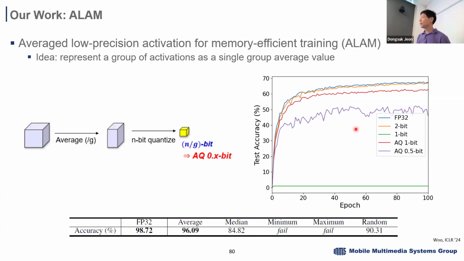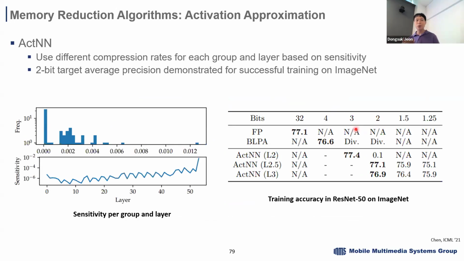Instead, we took a slightly different approach. Instead of discarding the activations, we thought that maybe we can deeply quantize those activation values. We were not the first to think of this idea.